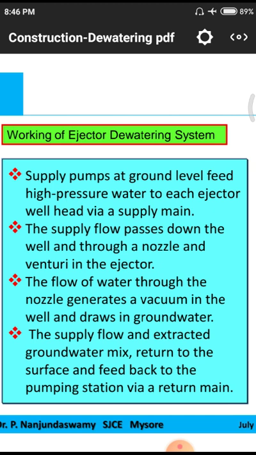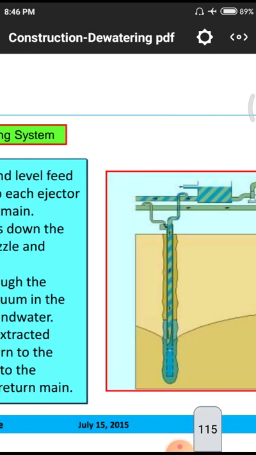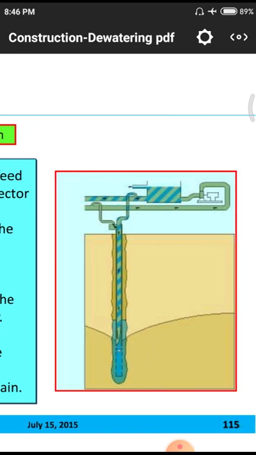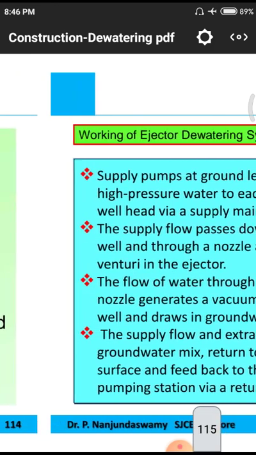That means the total groundwater is collected in the main pipeline system, and from the main pipeline system the water is supplied to the supply pumps. That is the philosophy. Here we are using a zigzag pattern pipe going into the earth surface. That is the main pipeline system. From the main pipeline system, the pipe is fed to the discharge pipe, and from the discharge pipe the total water is fed to another source.